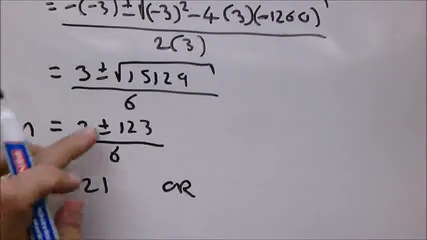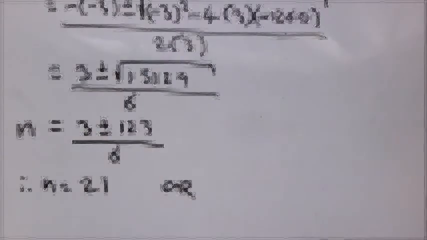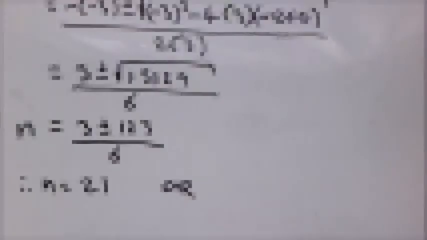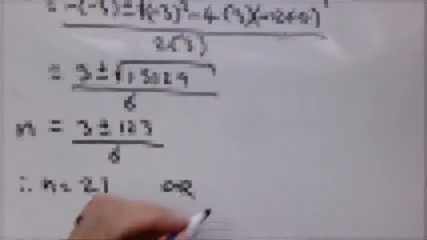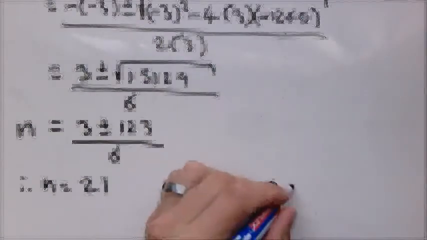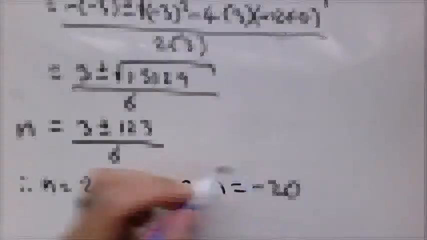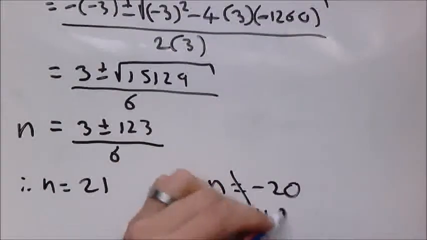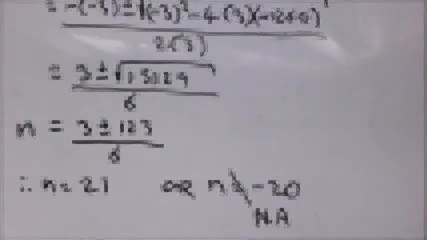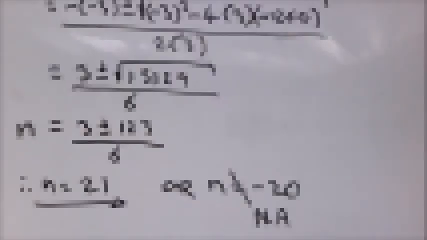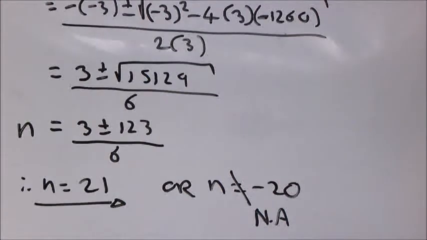Or 3 minus 123 is negative 120 divided by 6, and then you get negative 20. But can you see this is a negative? A term number can never be negative. So if it's negative, you do not take it into consideration. Okay, so very important. 21 is our final answer.